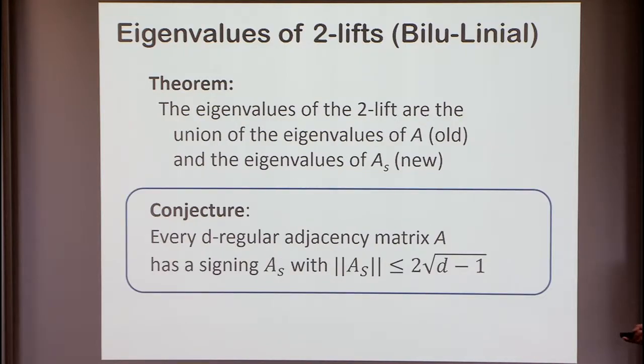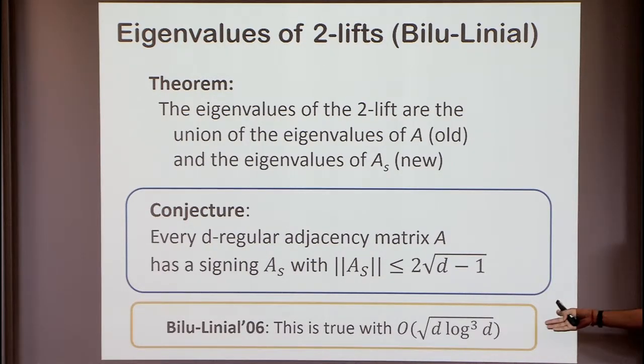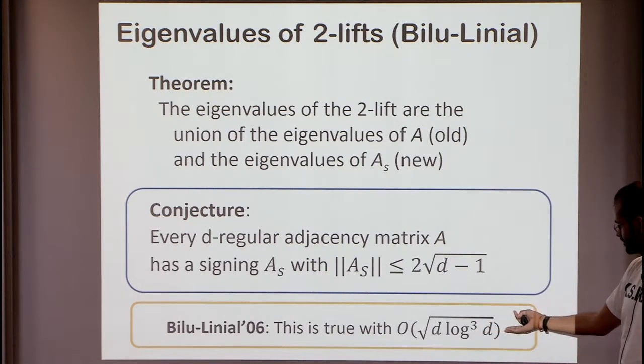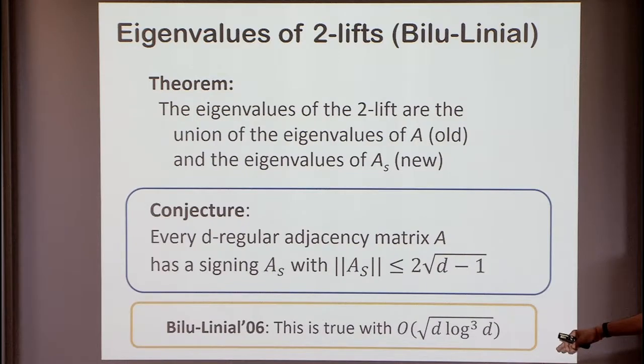Because 2-lifts are the same thing as signings of adjacency matrices, what this means is that every d-regular adjacency matrix A, a 0-1 matrix with row sums equal to d, has a signing whose norm is at most 2√(d−1). That's a pure linear algebraic conjecture about matrices. They proved this is true, not with 2√(d−1), but with a bound of √d polylog d, which is also quite a good bound, very close to √d. And by iterating this, they constructed expanders with eigenvalues contained in this interval.